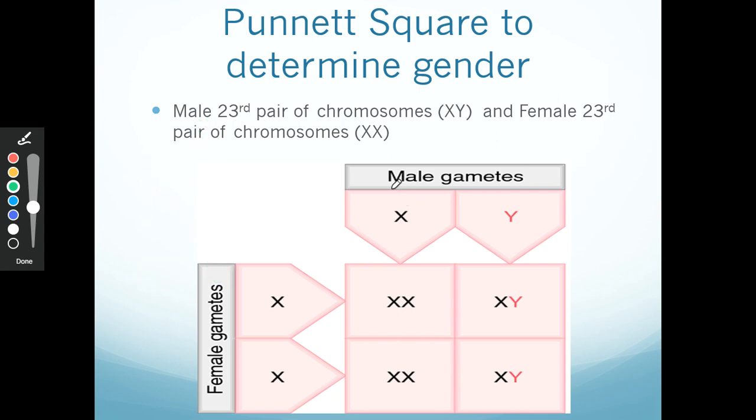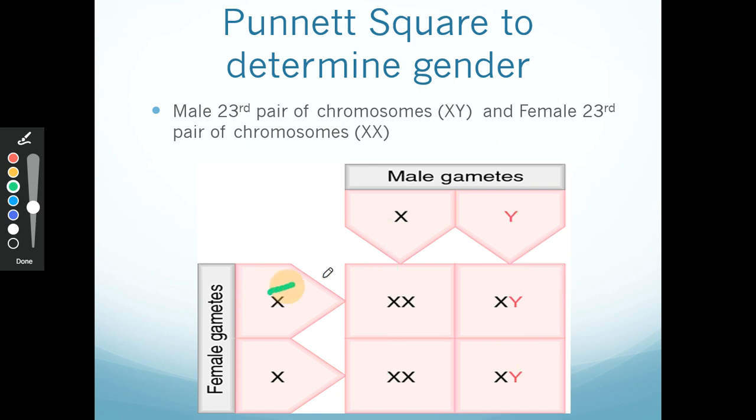So, again, determining gender, here we have our male gametes. Let's say this was a sperm cell that had an X and a Y, and here is our female egg with an X and an X. So, again, straight down and down.